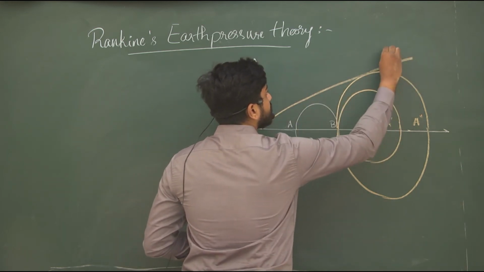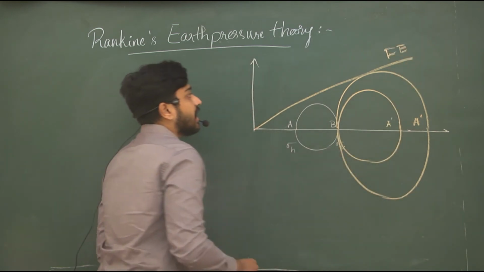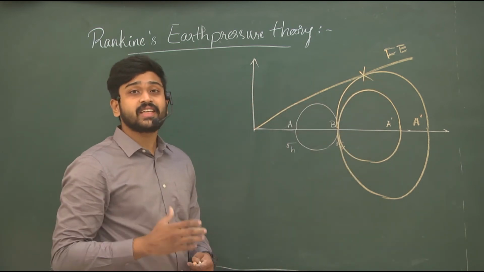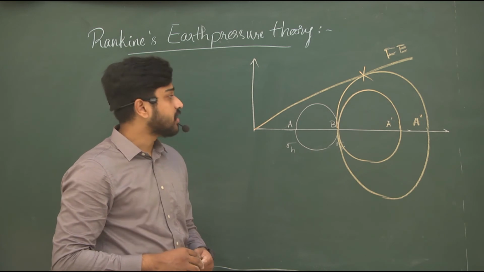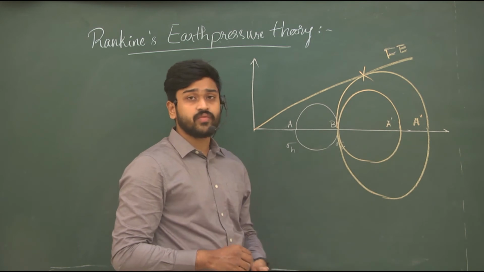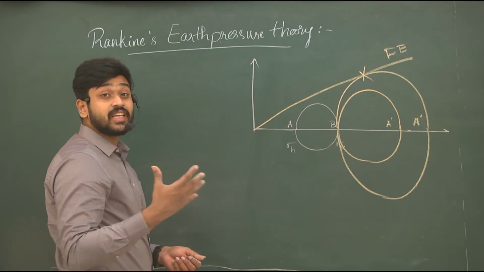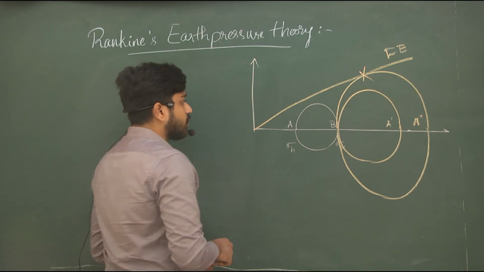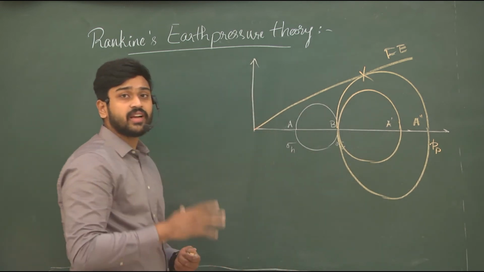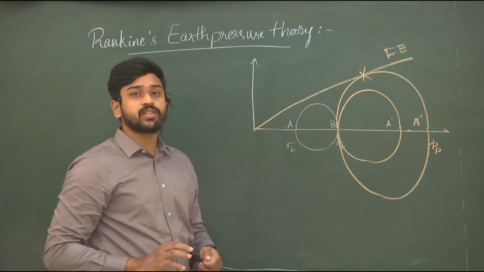That means this is the failure envelope, and this has now reached the plastic equilibrium condition. Unlike the previous case, now we are increasing, so that is why it is moving to the other side. If you consider the Mohr circle at the plastic equilibrium condition, let us denote this as PP, the passive pressure at that stage, since the retaining wall is now moving towards the soil.